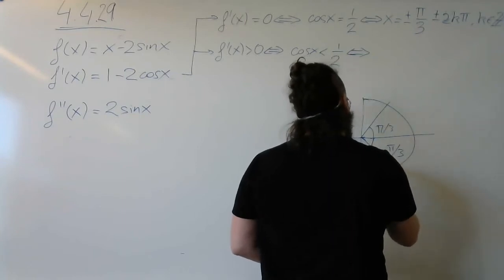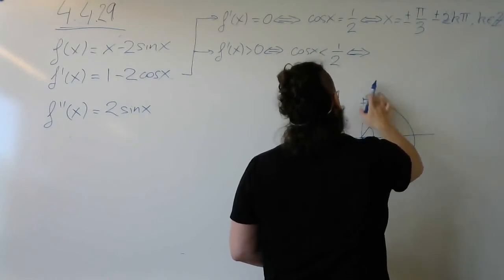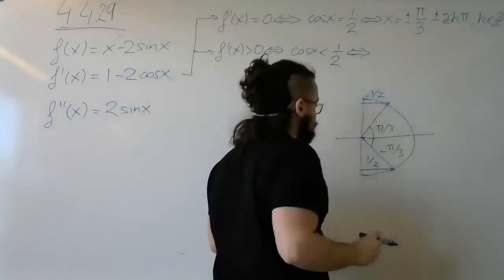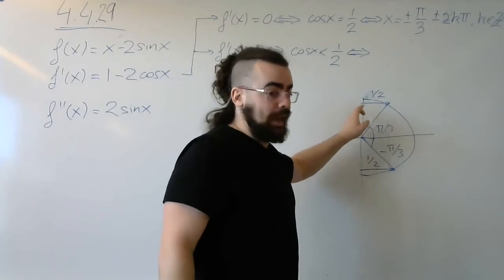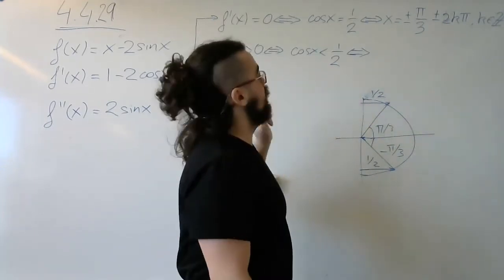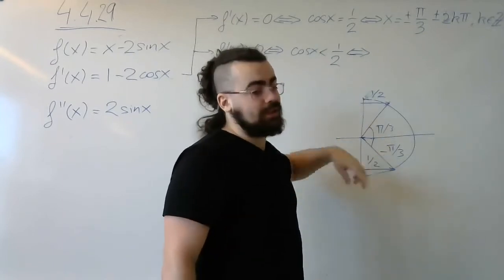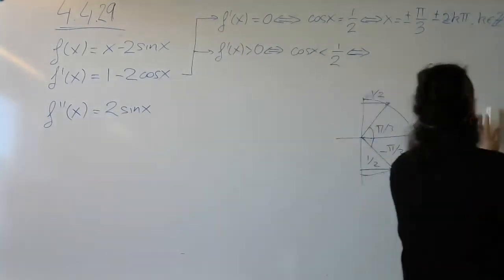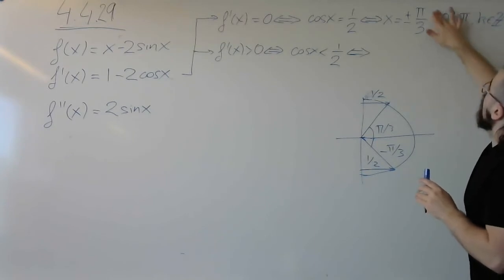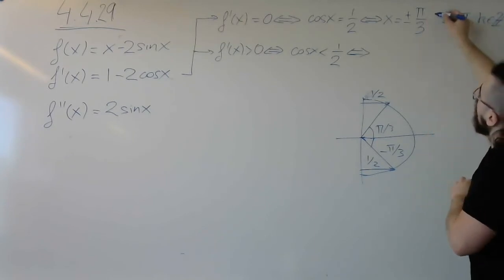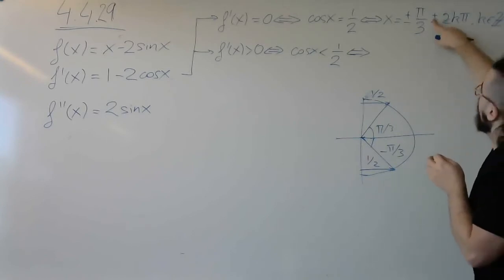This is the cosine. And so this angle has cosine 1/2, and this angle plus any arbitrary number of laps also has cosine 1/2. However, minus pi thirds also. So you have to consider both. There, much better. Actually, I don't need the minus.